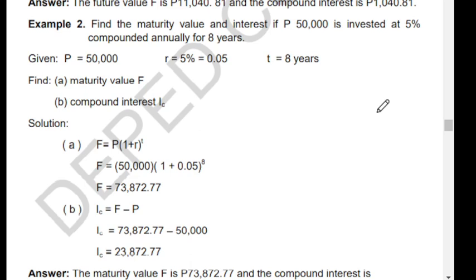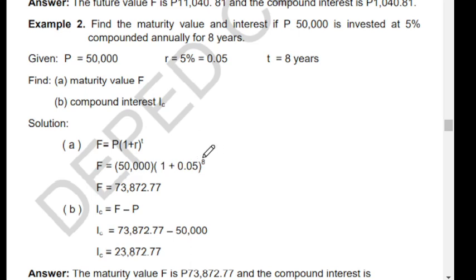The R is 5%, which can be expressed in decimal as 0.05 and the time is 8 years. So the maturity value would be F is equal to P quantity 1 plus R to the power of T. So replacing the P with 50,000 times quantity 1 plus 0.05 to the power of 8.